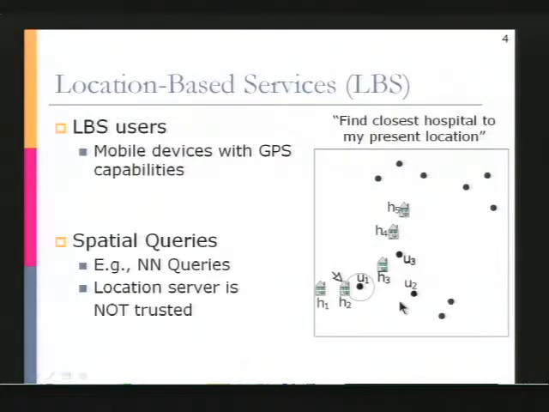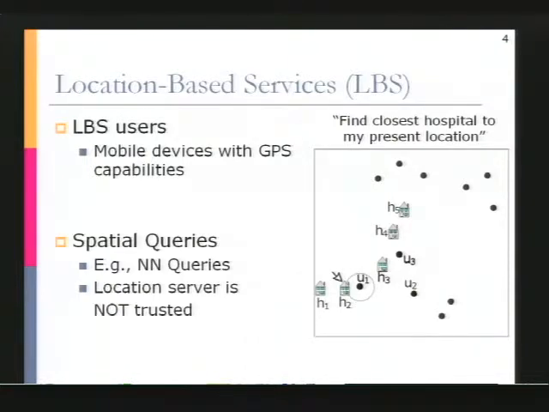In this case, we have hospitals H1 to H5. In our example, we have user U1 who has the query: find the closest hospital to my present location. This query can be answered by a public location server, for instance, Google Maps, which stores the points of interest.